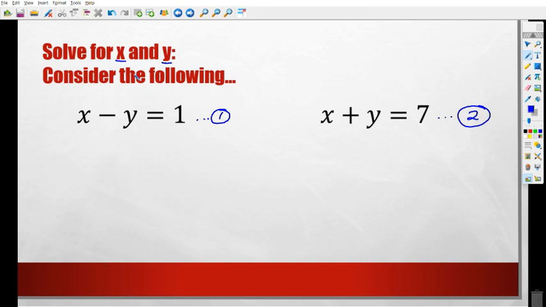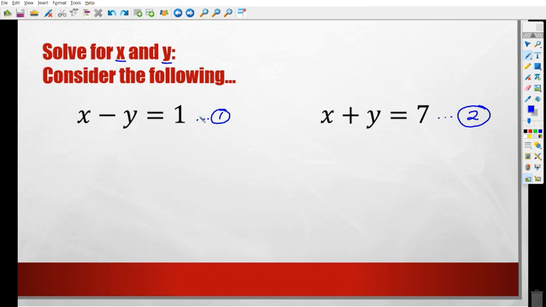I want to try and get my singular letter. In some examples there won't be singular letters, but the first thing I always look for is a singular letter, meaning there's nothing attached to my letters, not a 2x or a 3x or something. I'm looking just for x.